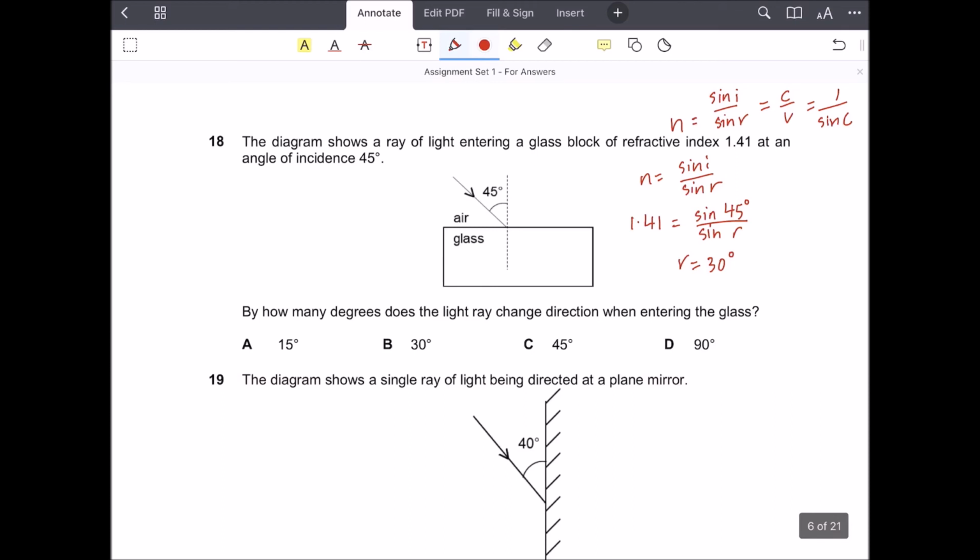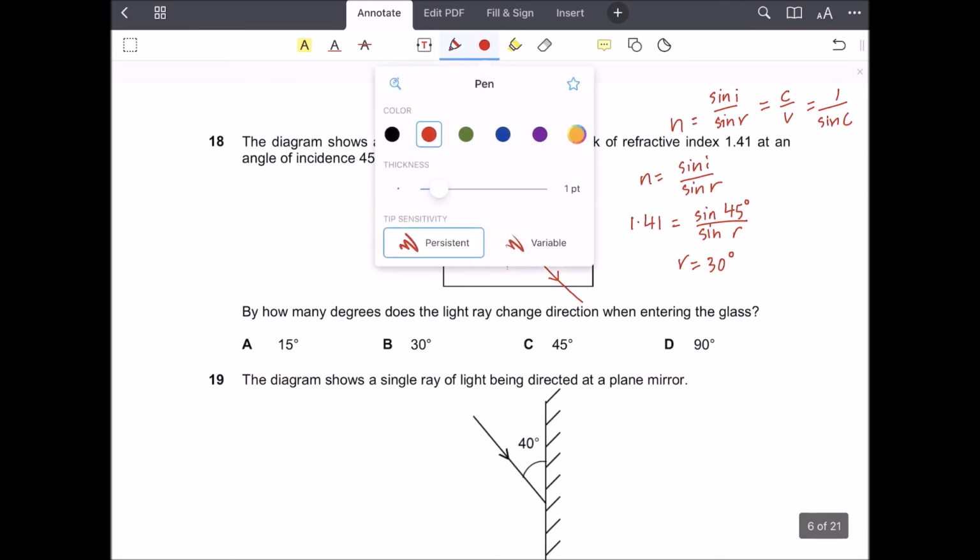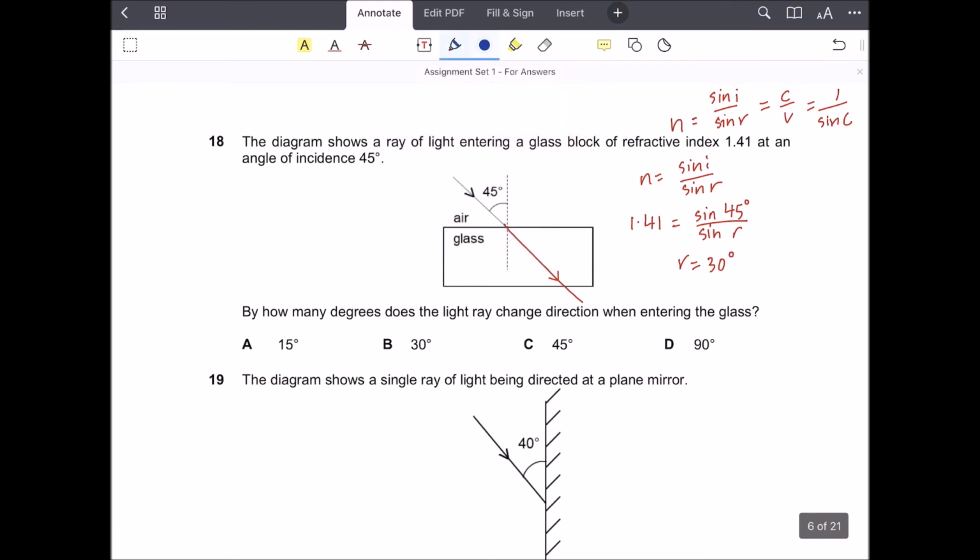Initially, this light is supposed to pass straight through, but at the end of the day, you know that it will refract. So when it refracts, it will move down, bending towards normal, and this 30 is between the normal and the ray.